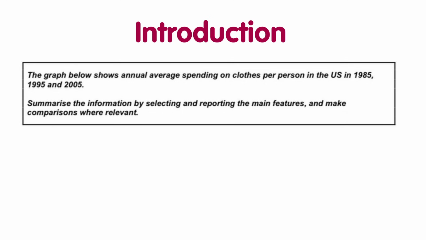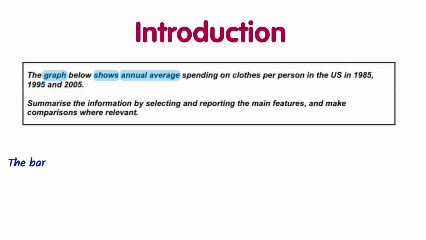As you know, our introduction, as I said, is about paraphrasing the question. So the question says the graph below shows. So we can write the bar chart. Instead of shows, we can write illustrates, all right? Annual average spending. I can say how much yearly money did American males and females spend.